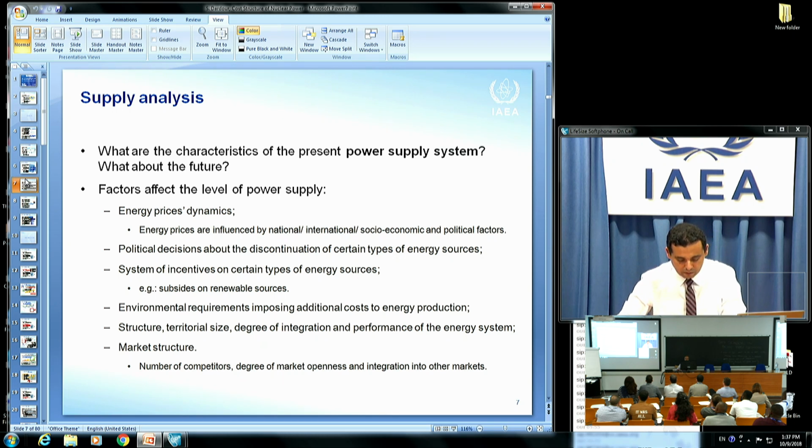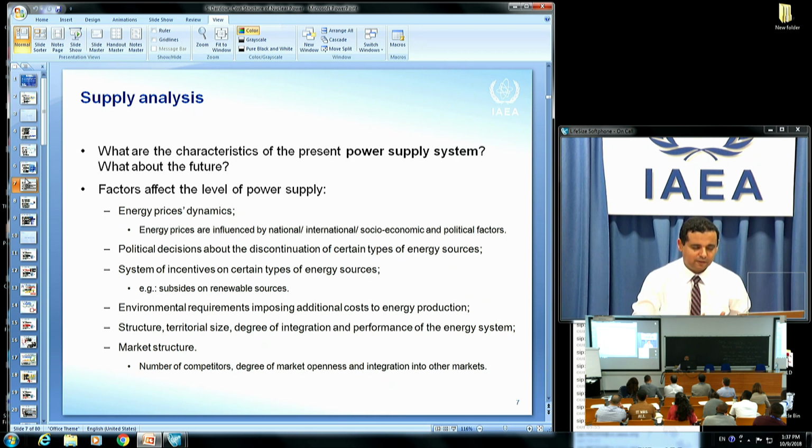So we have to forecast demand, but also we have to forecast supply, and many factors could affect the level of supply within a country. These factors could be the dynamics of energy prices. That could be some political decisions about the discontinuation of certain types of energy sources.